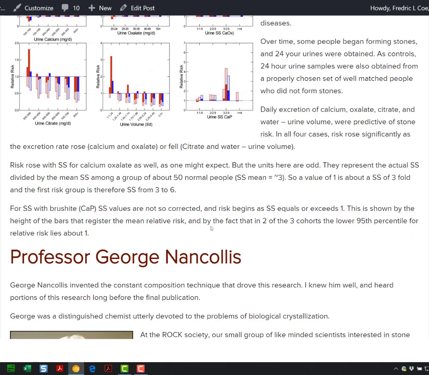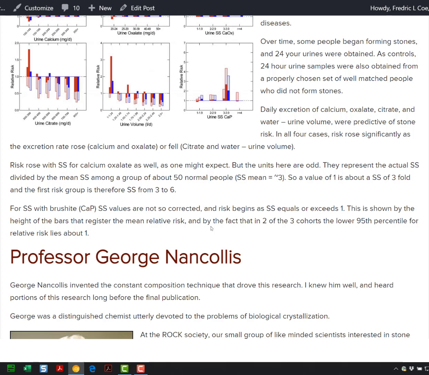What's the message? Get it below 1. Same things you're going to do anyway. Citrate, thiazide, low sodium, water, all the stuff we do. Just watch the brushite supersaturation. Get it below 1. Harm, 0.